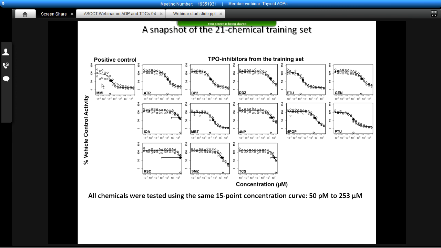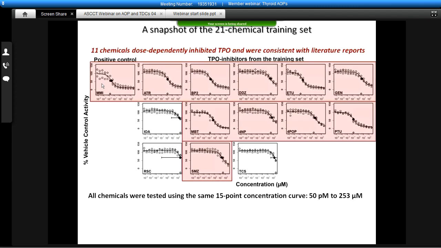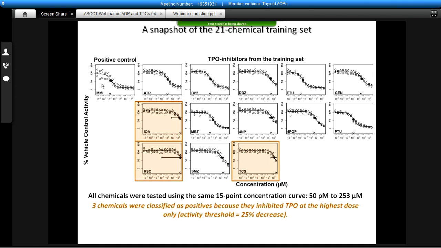This slide I'm showing the TPO inhibitors, or positive chemicals. All chemicals were evaluated using the same concentration curve, which ranged from 50 picomolar to 253 micromolar. 11 chemicals dose-dependently inhibited TPO, I'm showing here in red, and 3 additional chemicals inhibited TPO at the highest concentration tested.